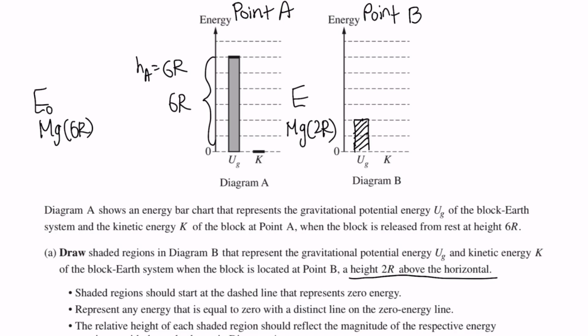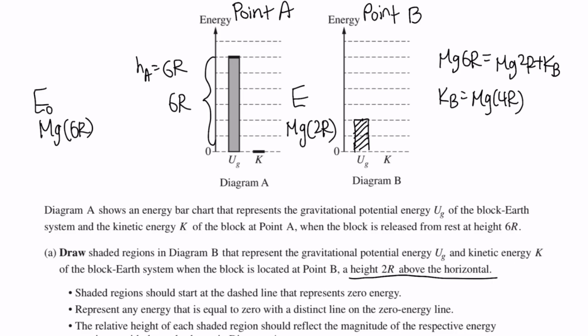The initial energy is just mg times 6r. So mg 6r must equal mg times 2r plus the kinetic energy at point B. That means the kinetic energy at point B must be mg times 4r, right?